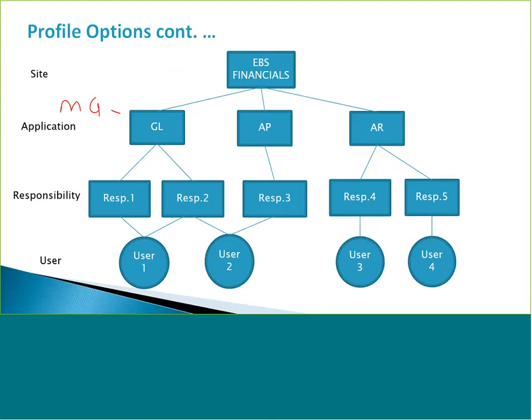But this responsibility that we are looking at, the general ledger super user, has been assigned a ledger at the responsibility level. Okay, so when this user logs in and takes this responsibility, they will be able to see that particular ledger.